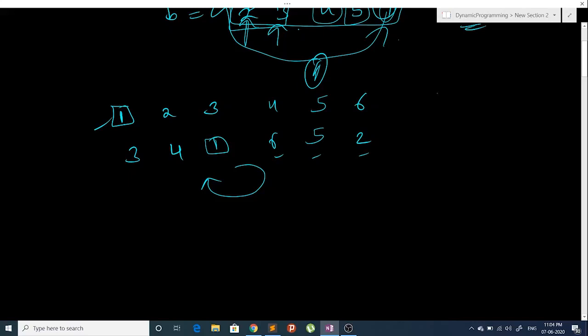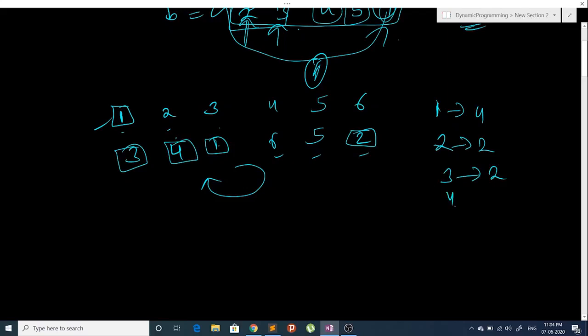So for the 1 I have a total distance of 4 here, and for 2 I have a distance of 1 and 2. For 3 I have a distance of 1 and 2. For 4 I have a total distance of 1 and 2, and for 5 I have a total distance of 0, and for 6 I have a total distance of 2.